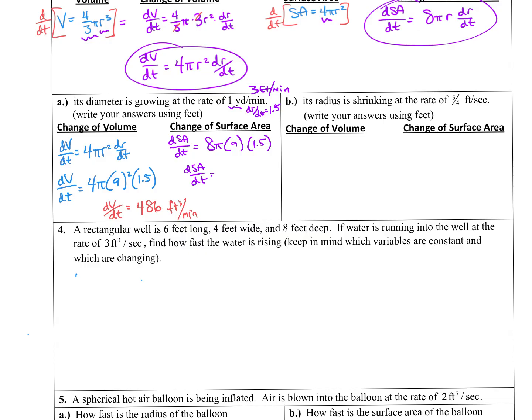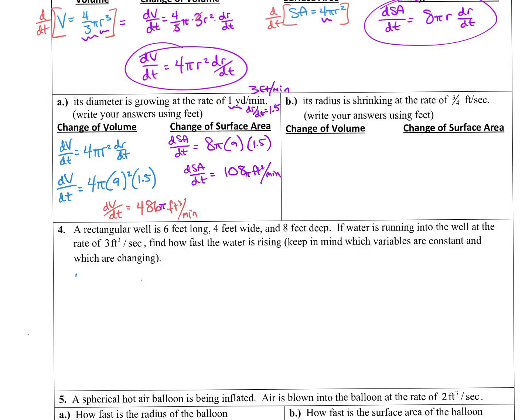I could be wrong. I will check. And that was surface area, so square feet over minutes. And I need my pi too. I forgot my pi here, and I should go back and put my pi on the other one.